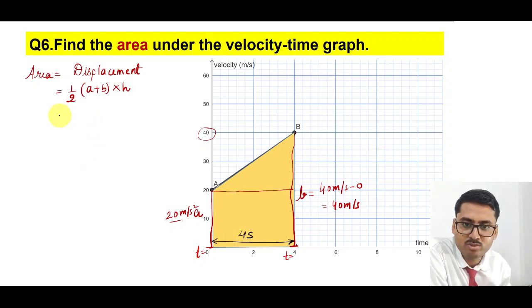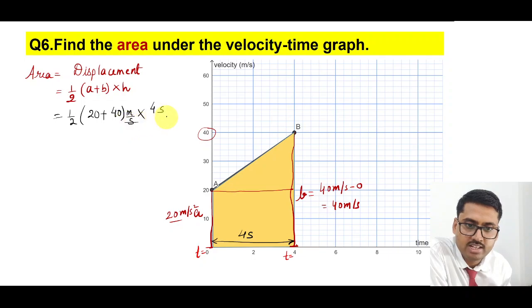So now we can put the value over here. This is half. a is 20. I'll write the units also, and b is 40. So this is 20 meter per second plus 40 meter per second, and height over here is 4 seconds.